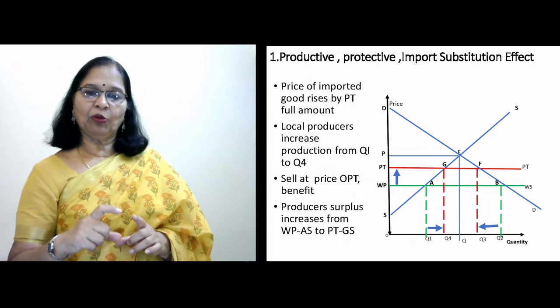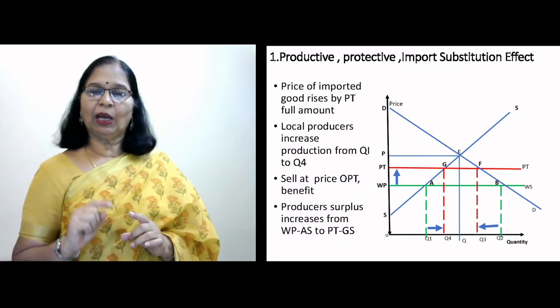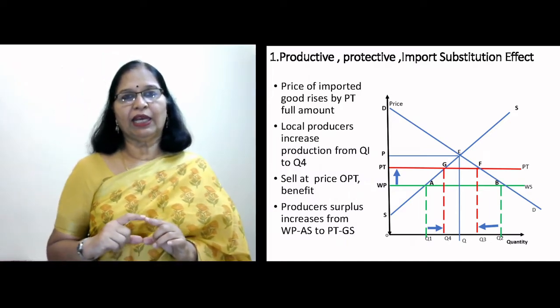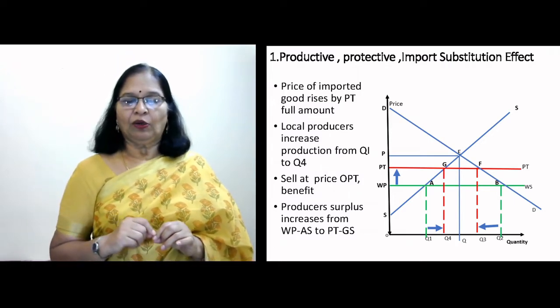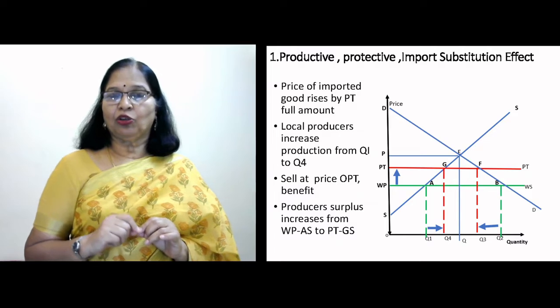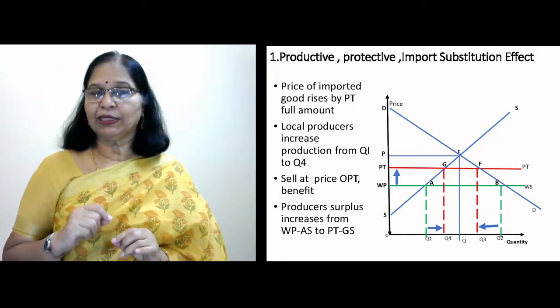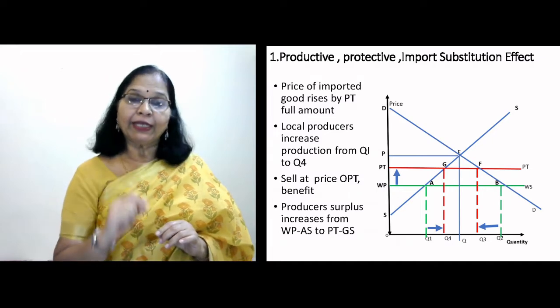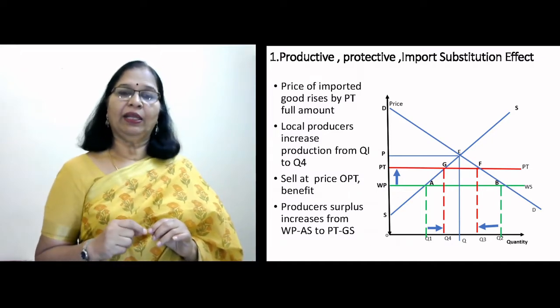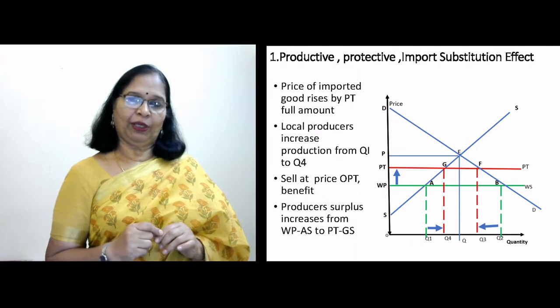WPPT is the tariff. So that upward arrow shows the tariff of WPPT that has been imposed. Now the price at which the imported goods will be sold in the economy is higher than the price WP.